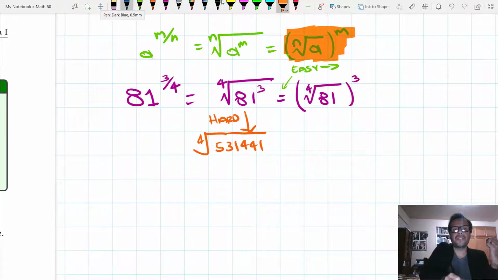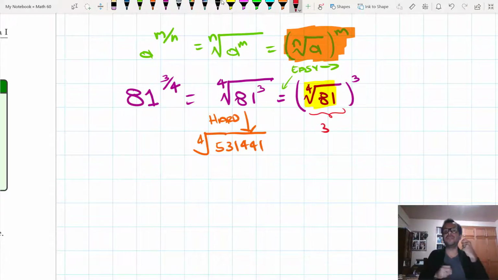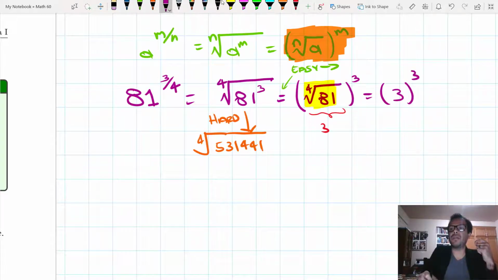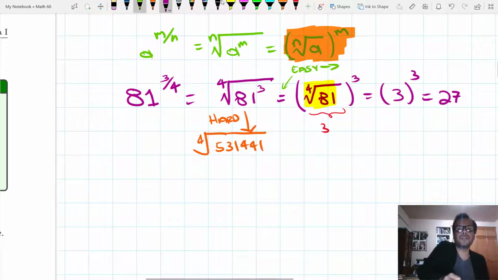So what are we going to get here? Well, we can easily evaluate the fourth root of 81 because that's a nice number, right? That's 3. So inside of the parentheses, we get a 3 and we keep the power. But what is 3 cubed? That's 27. All right. So that's why this is easier.